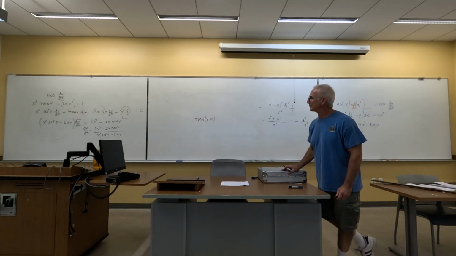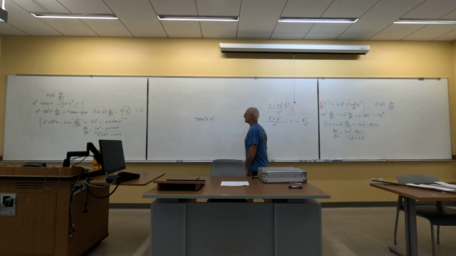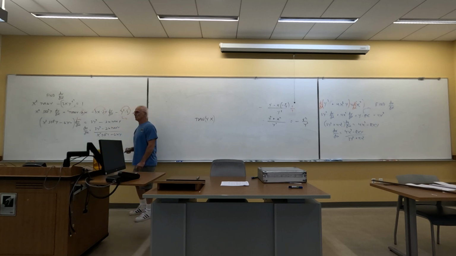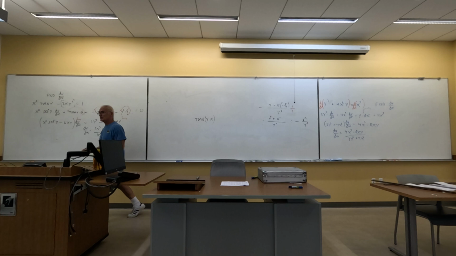Y. That's kind of ugly, that's an x squared. Can I factor anything out of the numerator? Yes? No? Not sure? I have two terms, there's nothing. Can I factor anything out of the denominator? X.